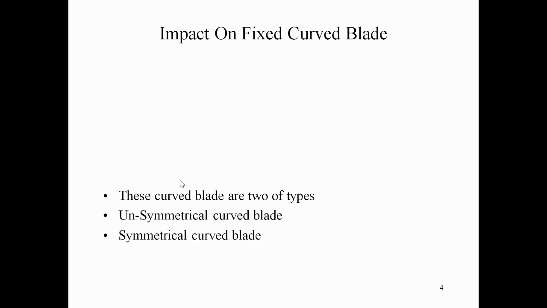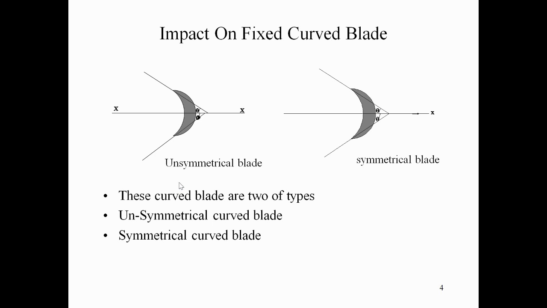Next we can see impact on fixed curved blades. This is a diagram of an unsymmetrical blade, and you can see another diagram here, which is a symmetrical blade.